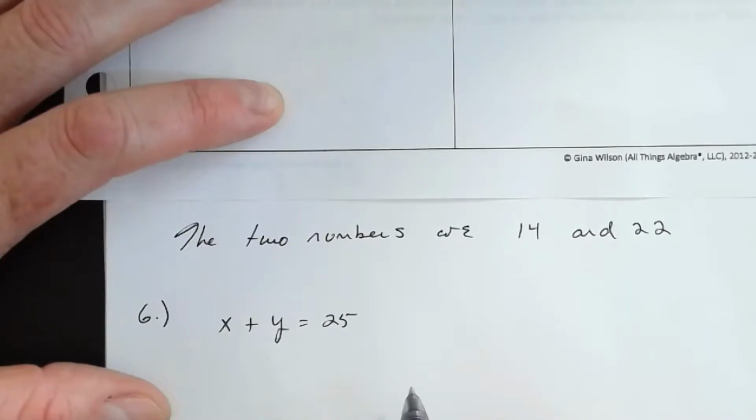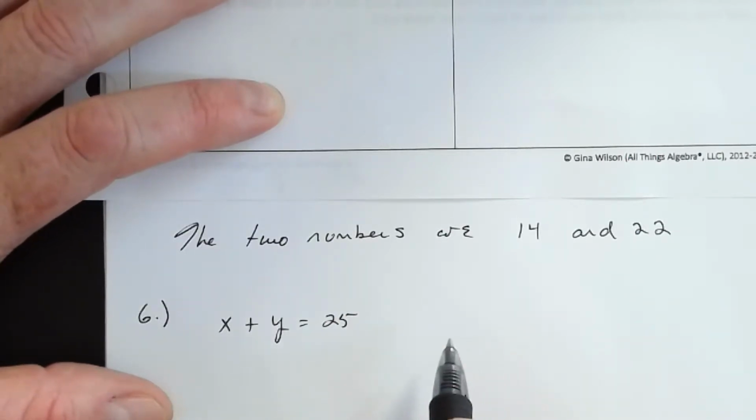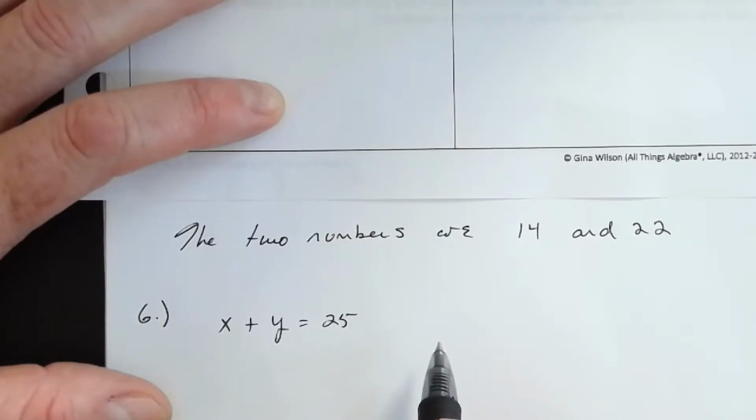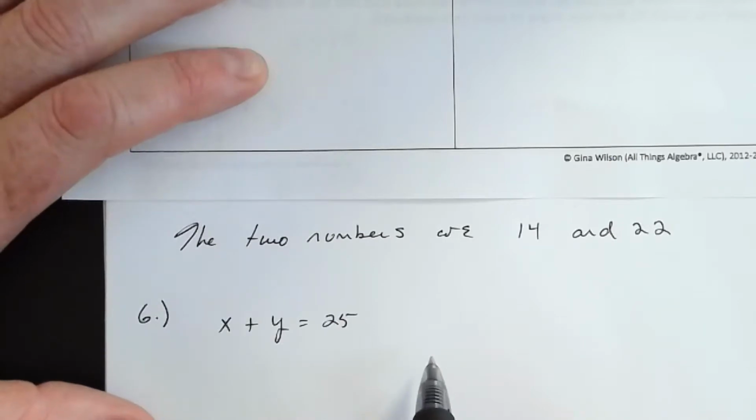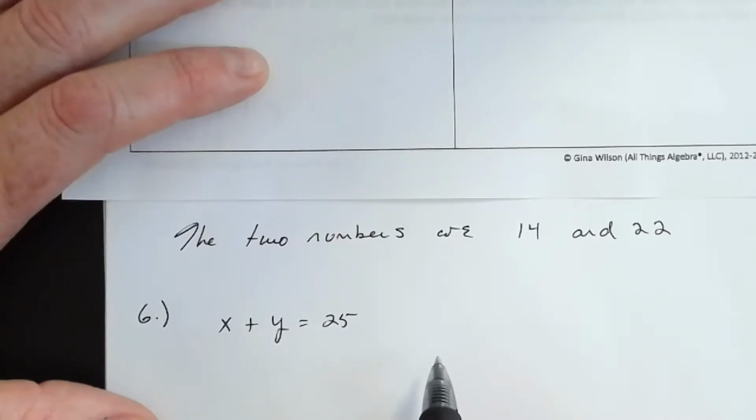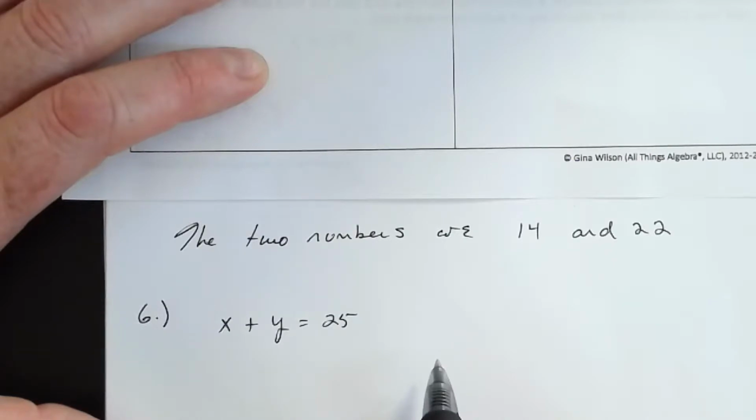Well, one of those numbers was twice the second number plus 7. So what do you guys think? One of those numbers is just itself, right? The other number is twice that number plus 7.